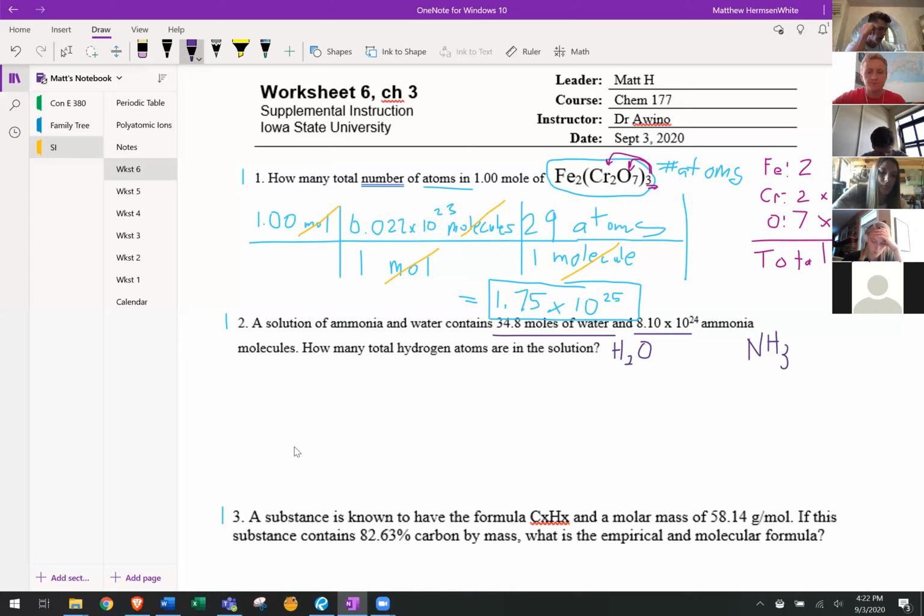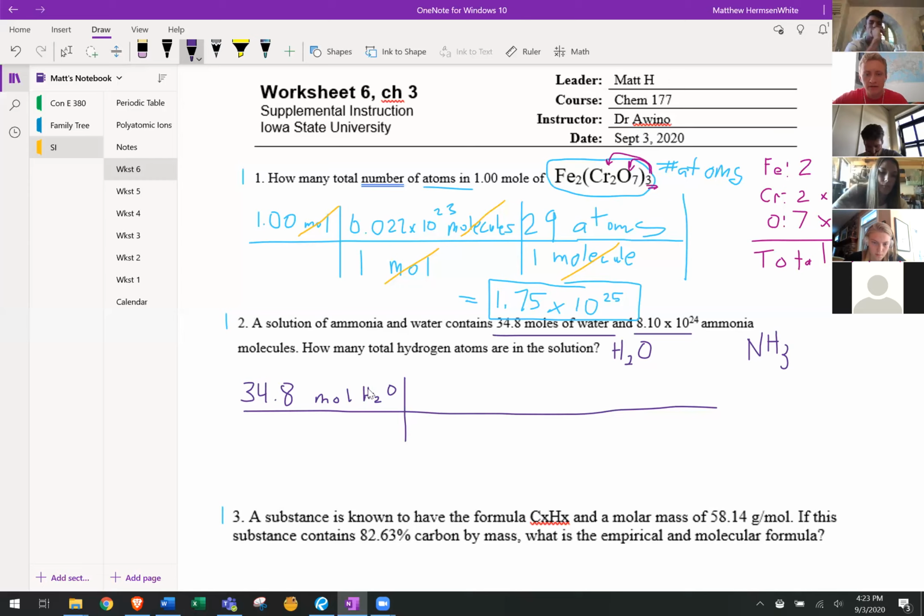Those are ones that you are expected to know. So we're going to do the same thing that we did up here. Let's write down what we start with, 34.8 moles of H2O. Write that in the top left corner and draw out your unit conversion bar. Now, we don't want moles of water, we want hydrogen atoms.